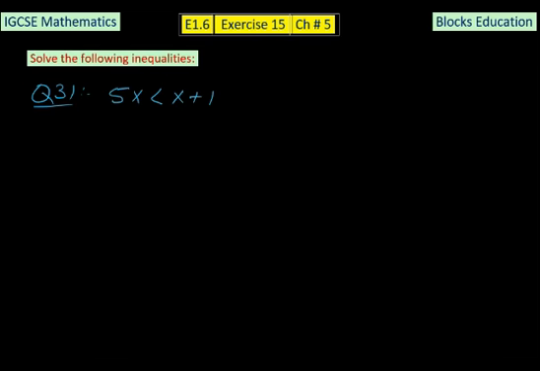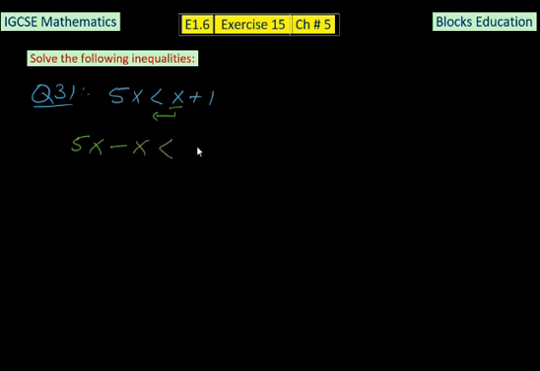In question 31, it says 5x less than x plus 1. Once again, the strategy is the same as in an algebraic equation: take the x's on one side. So take this x onto the left side. 5x is already there, and because it is plus x here, by moving it to the left side it will be minus x.